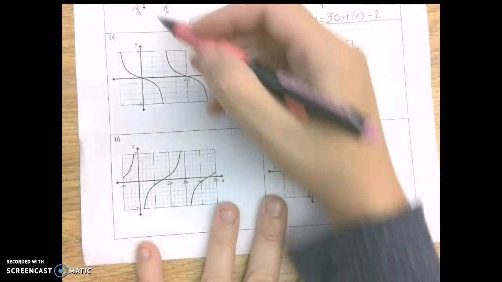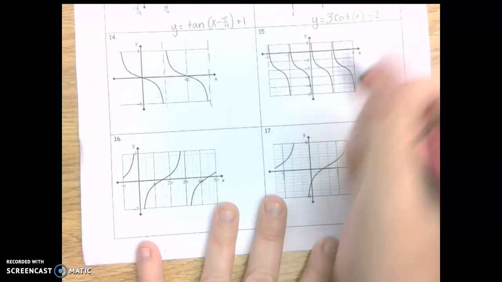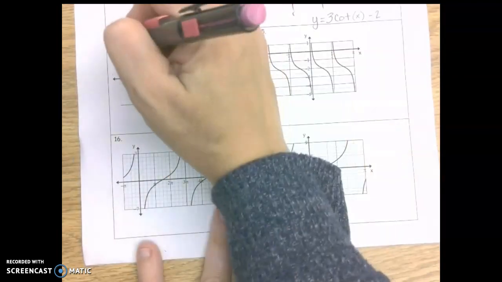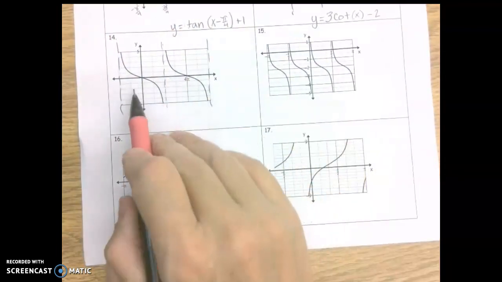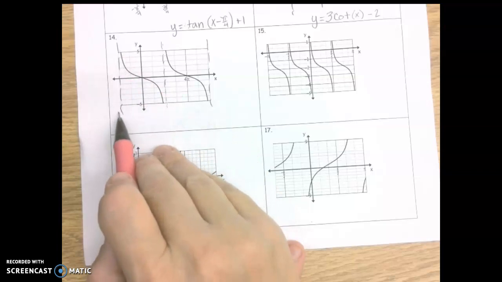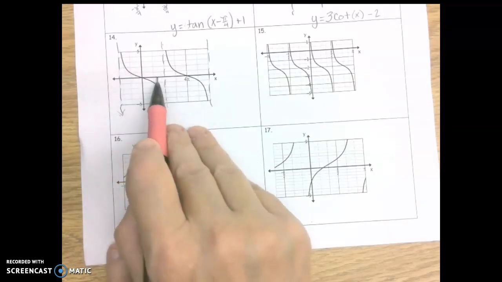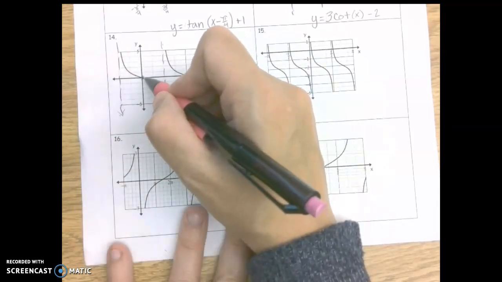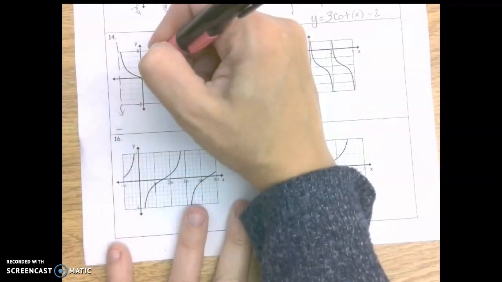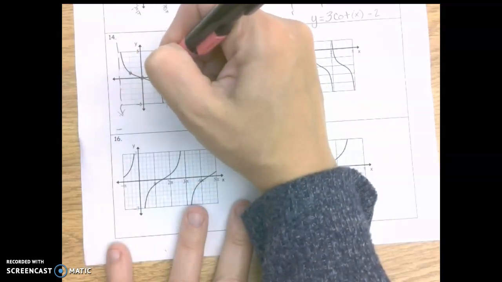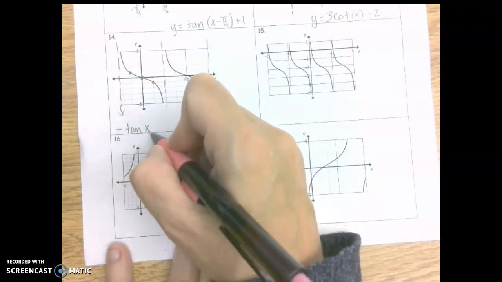Okay, here's another one. Here appears to be an asymptote and an asymptote. Or I could use this one back here, either way. If I used this asymptote right here, I could call this a negative tangent because it is still centered at the origin. So I could just say a negative tangent of x.